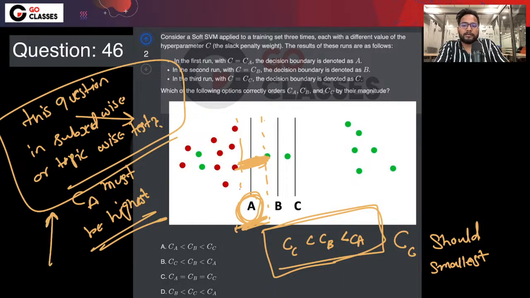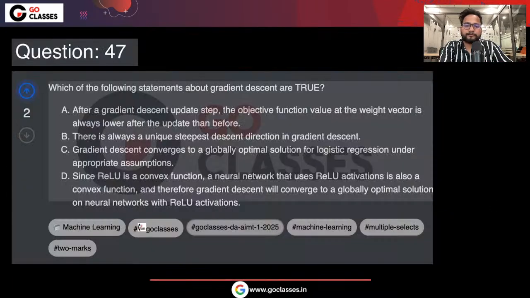You might remember in SVM itself. There was a topic wise test in SVM. It will be a little hard for me to find that particular question right now, but in the topic wise test, there was a question related to this, almost like this. Do you remember? Okay. So we have already seen such things in the topic wise test also.